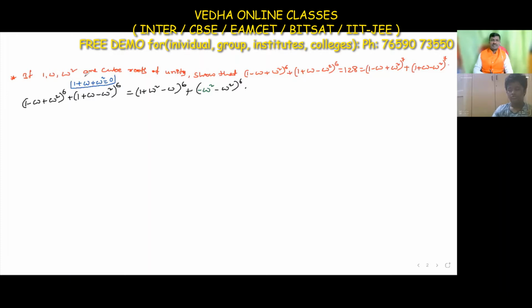This is the formula we are going to use in this, as well as the formula omega cube is equal to 1. These two are very, very important in this topic.